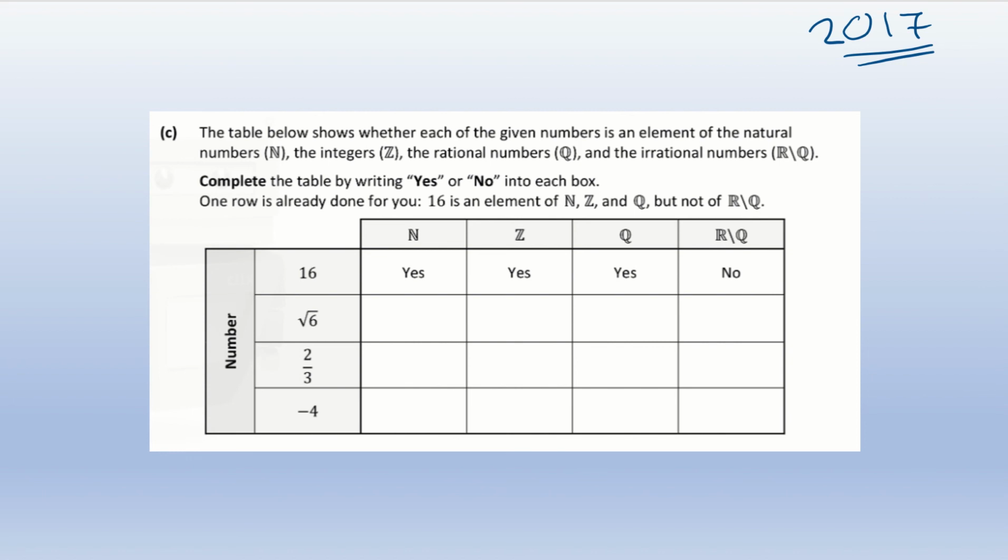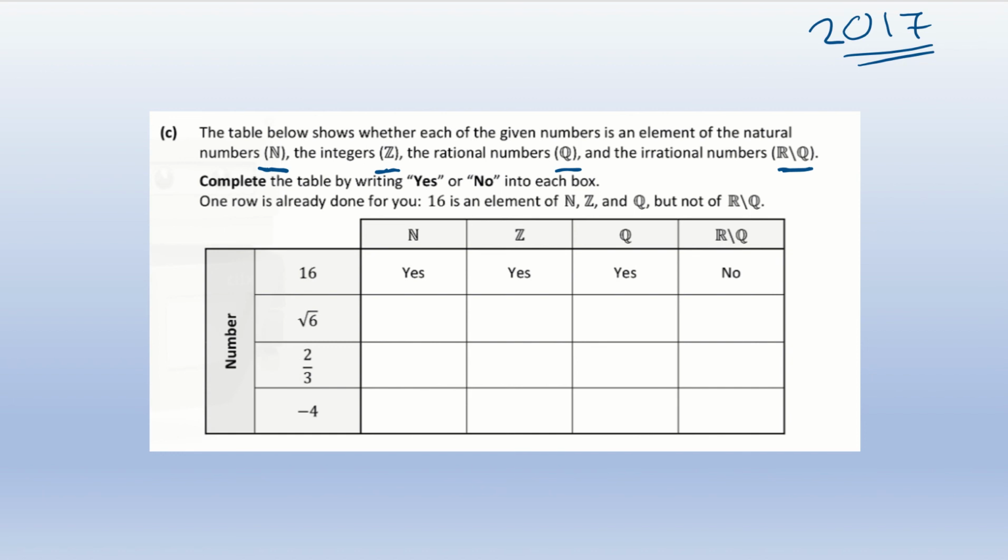Alright, the table below shows whether each of the given numbers is an element of the natural numbers, N, the integers, Z, the rational numbers, Q, and the irrational numbers, R\Q.